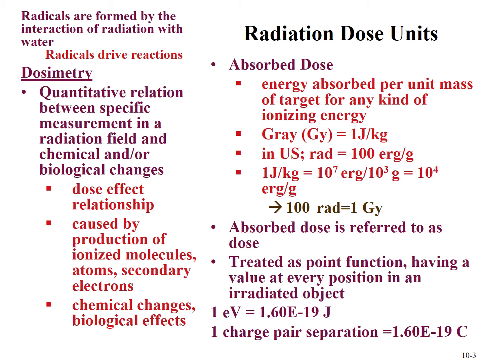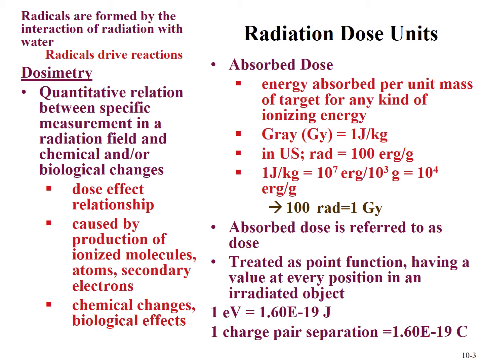There should be some sort of effect of dose on a chemical or biological change, and dosimetry is a way to quantify this relationship. As we discussed, when these particles interact with matter, they cause ionized molecules, secondary electrons, etc. And these in turn drive chemical or biological changes.